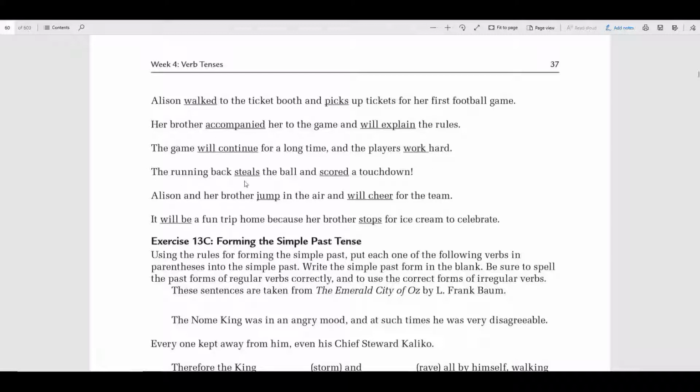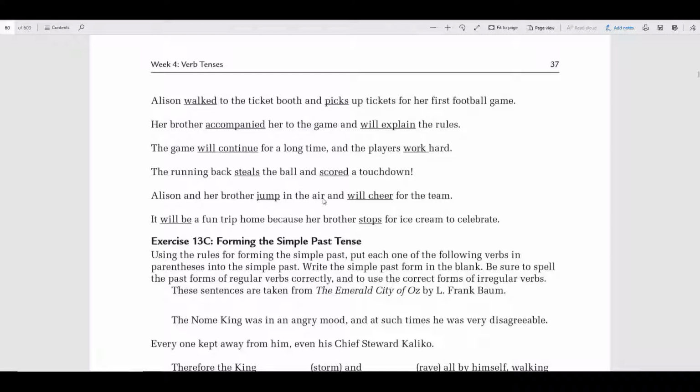The running back steals the ball and scored a touchdown. This is present. This is past. Doesn't make sense. So you're going to have to mark this out and make this present tense. The running back steals the ball and scores a touchdown. That puts them both in present tense.